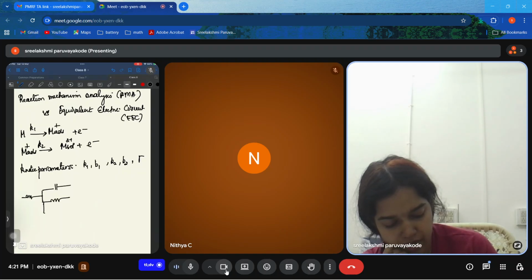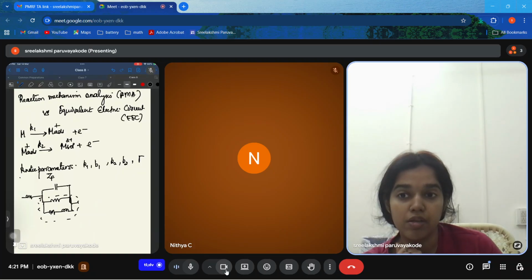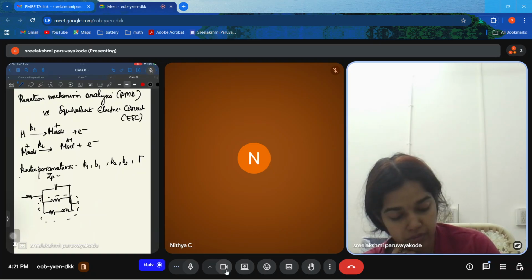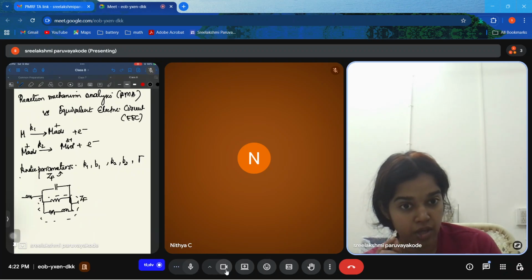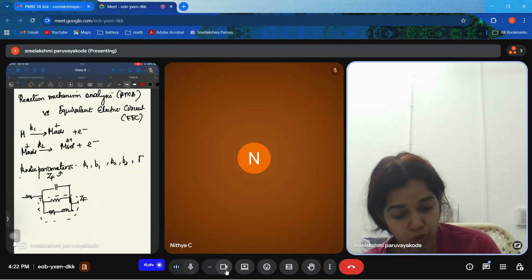I have then one adsorbed intermediate, which I'm going to model using either an inductor or a capacitor, as per my choice. This is ZF. These are the kinetic parameters that I'm using to model ZF. For this part of ZF, how many equivalent electric circuit elements do I need? There are two resistors and one inductor.